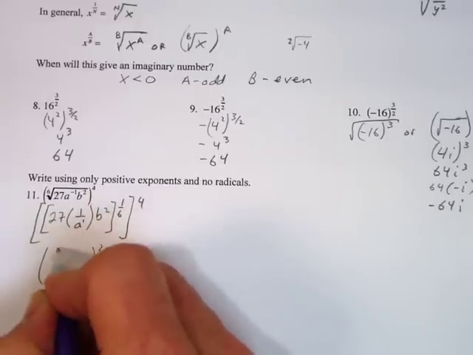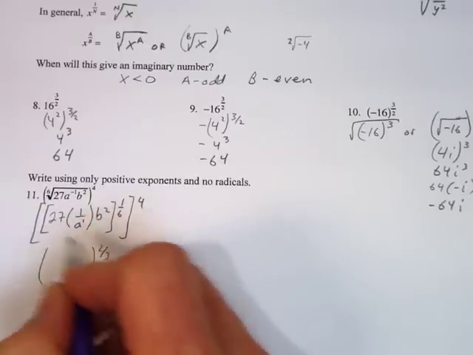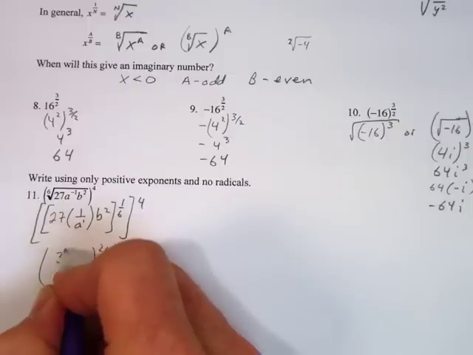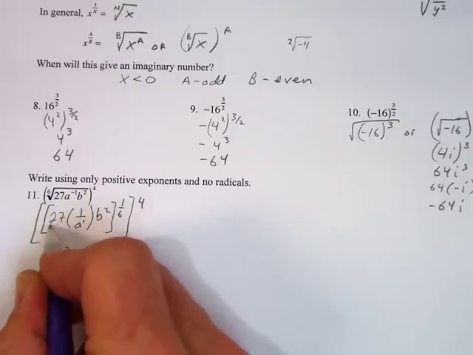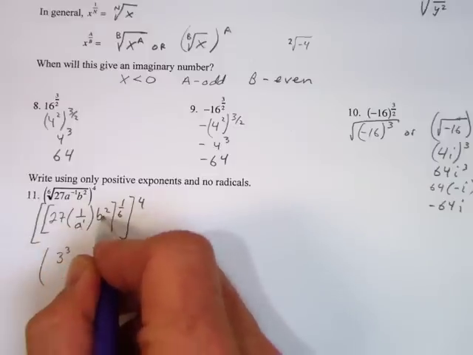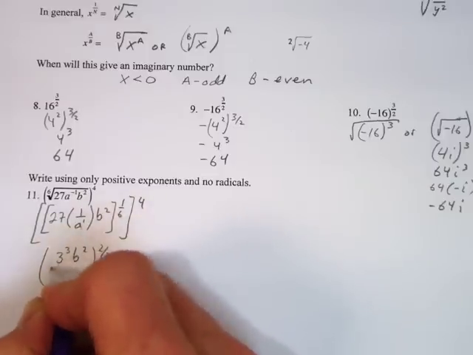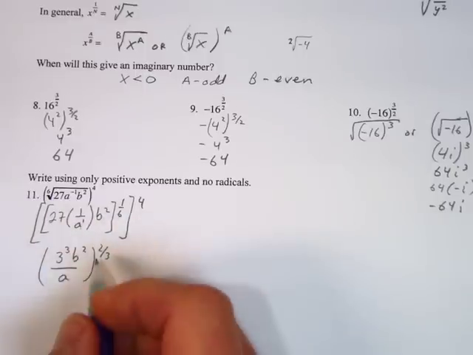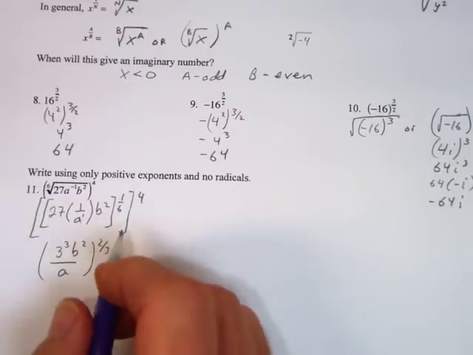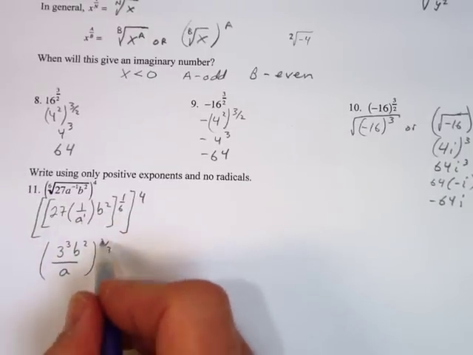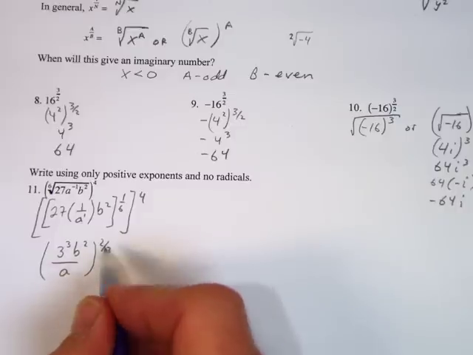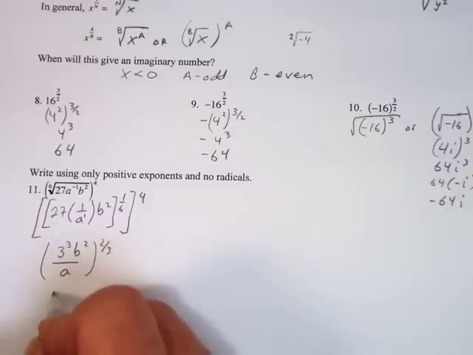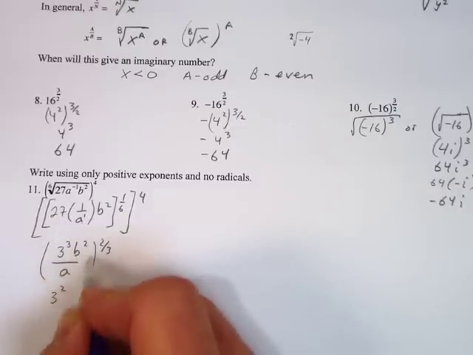And we have 27, and since I'm dealing with exponents, I'm just going to write that as 3 cubed. 27 is on the top, a is on the bottom, b squared is on the top. Now we can apply our exponents. 3 cubed, and then 3 times 2/3 would give me 2. So this would be 3 squared.